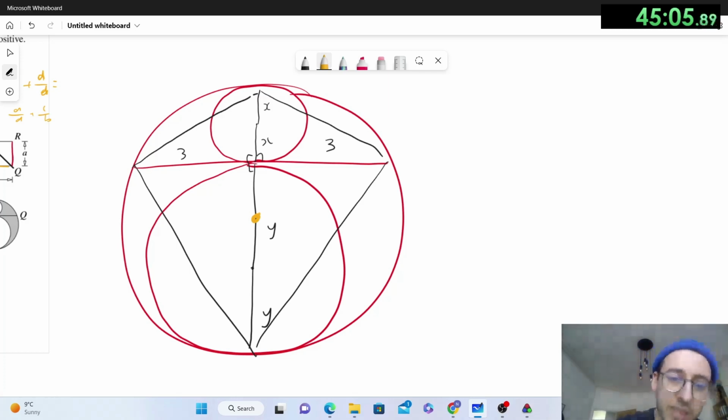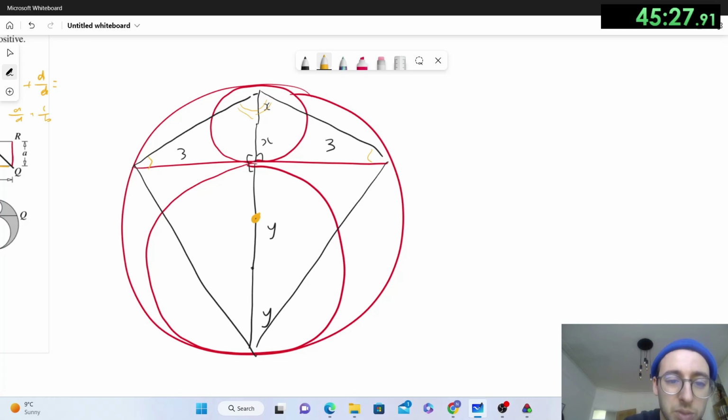Okay, is this a similar triangle? So this and this is the same as this. And I feel like in a kite, these two add to 180 and these two are the same.